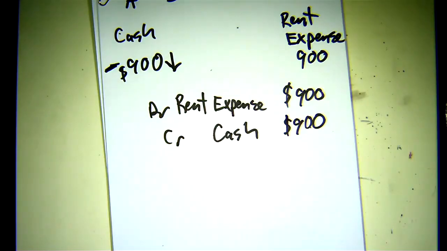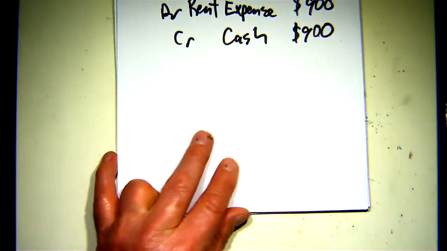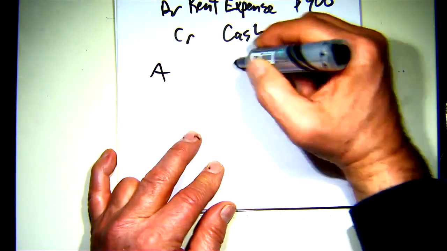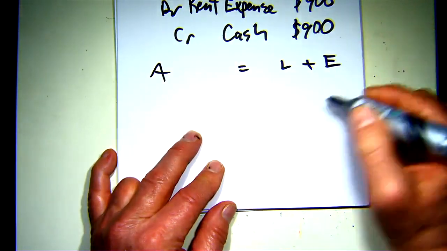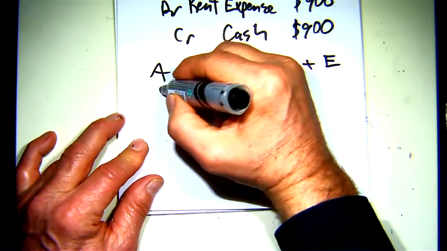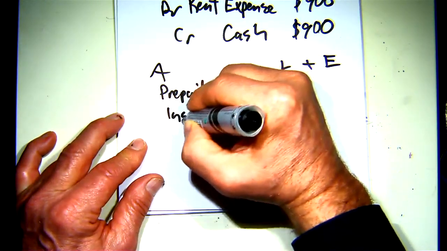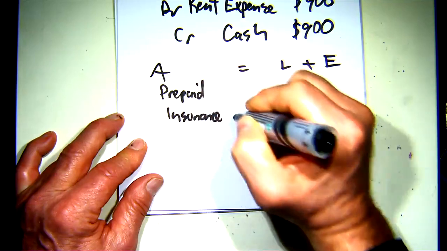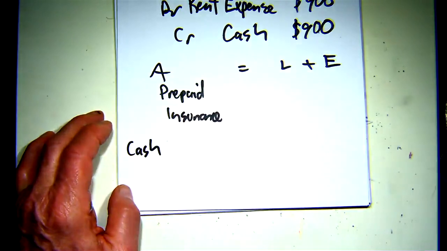Oh, actually, no, there was a prepaid insurance. I just skipped one. So, prepaid insurance. So, next transaction. So we recognise a prepaid insurance asset, and we'll also have cash here as well.